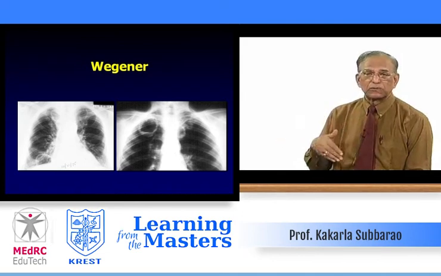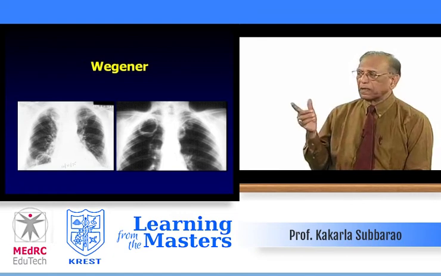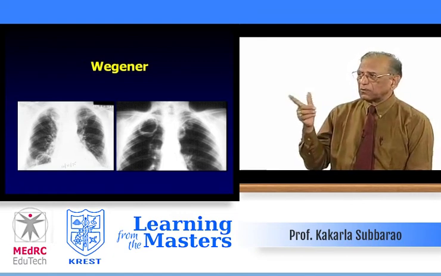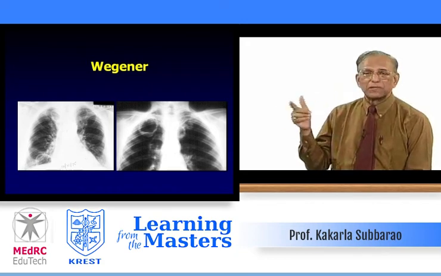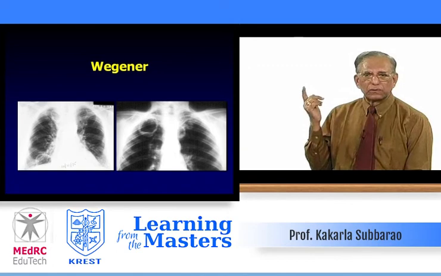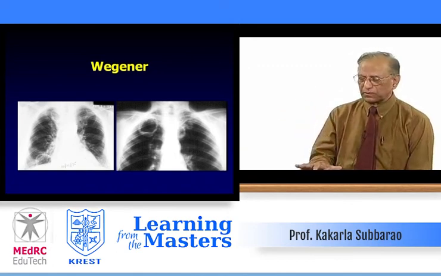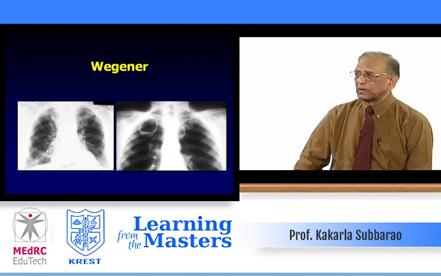It may be associated with renal abnormalities, nephritis. However, the picture is patchy infiltrates you may see, cavities you may see, multiple cavities. So first you have to rule out tuberculosis and then come to a diagnosis of Wegener's granulomatosis. Occasionally they may take a biopsy of the kidney and then come to the conclusion.